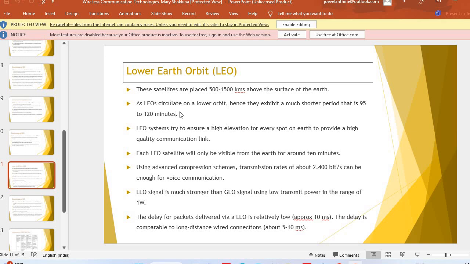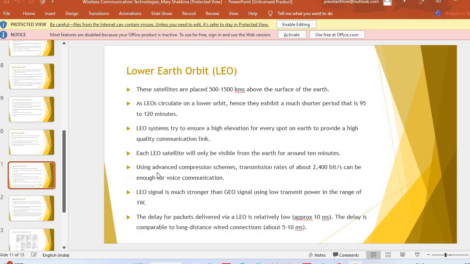That is, the visible time of GEO satellites are 24 hours. The visible time of MEO satellites are 6 hours. But the visible time of LEO satellites are only 95 to 120 minutes only. Then each LEO satellite will be only visible from the Earth for around 10 minutes.